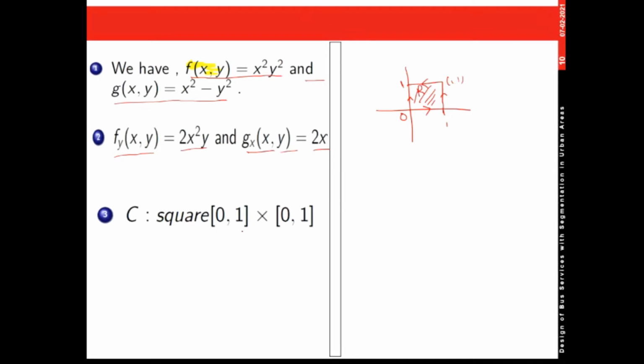Now this is a square, therefore our limits are rectangular limits, a rectangular region.